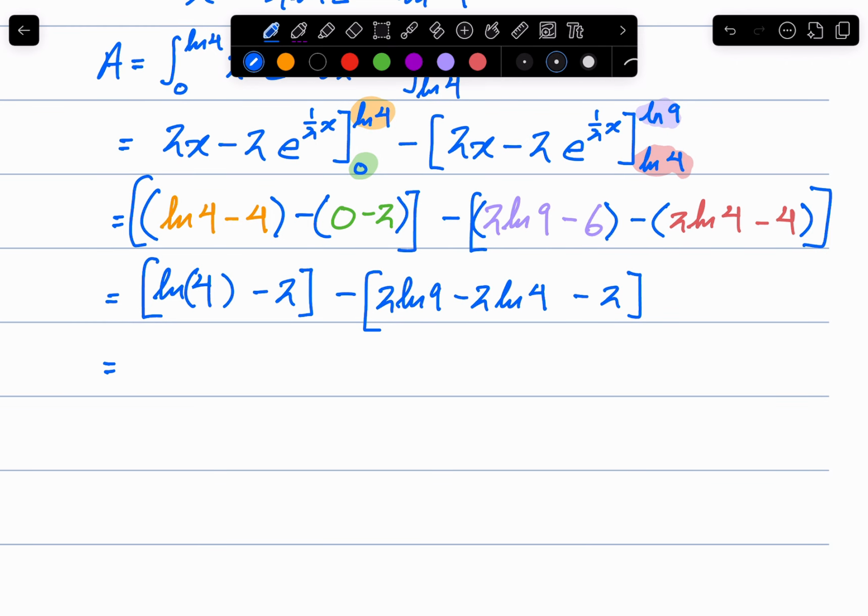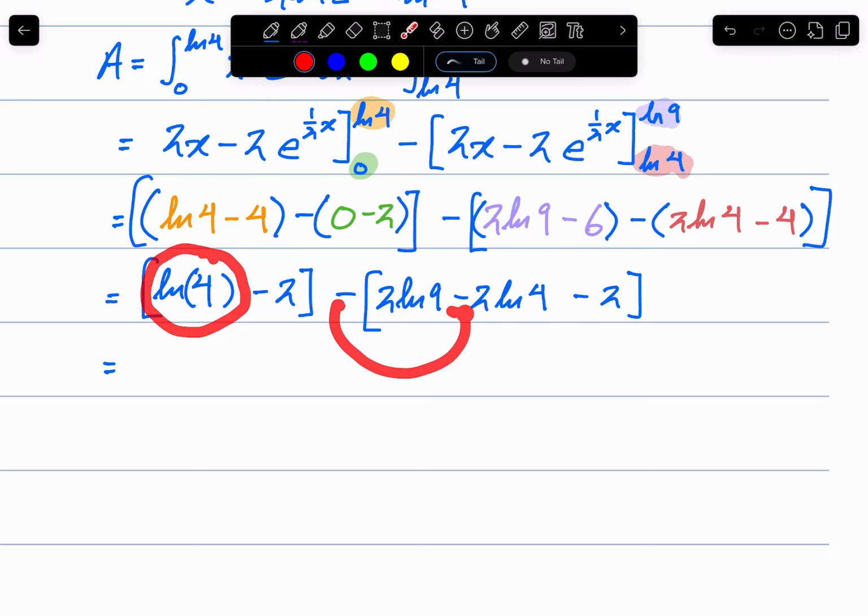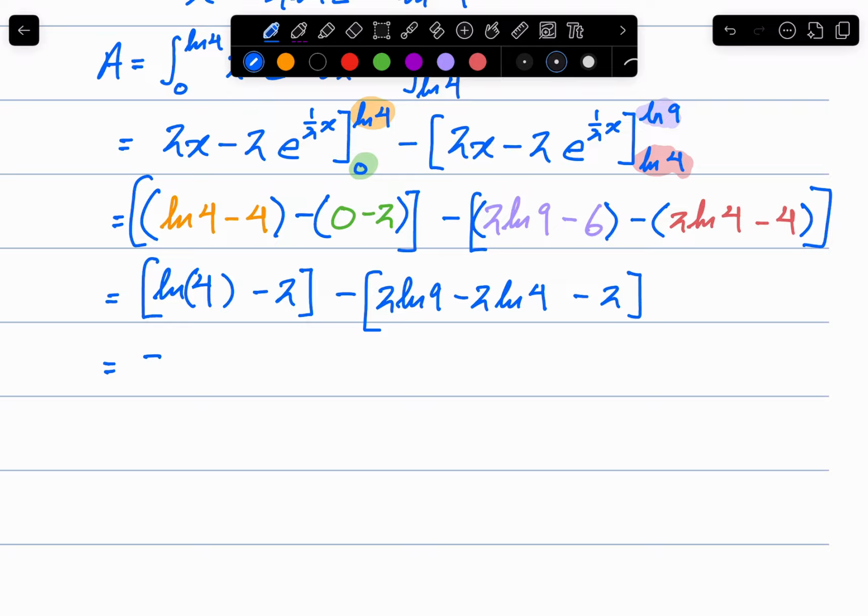And then from here, I can still get some more like terms. ln4 minus minus 2 ln4. So that gives me 3 ln4 because it's minus minus 2 gives me a plus. So this is 3 ln4 minus 2 ln9.